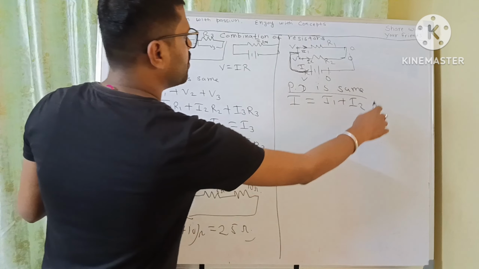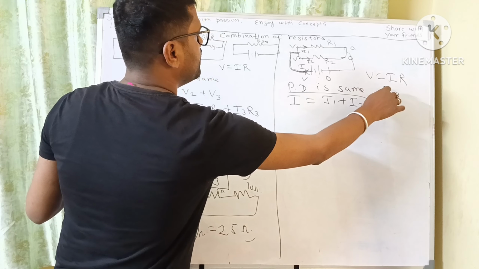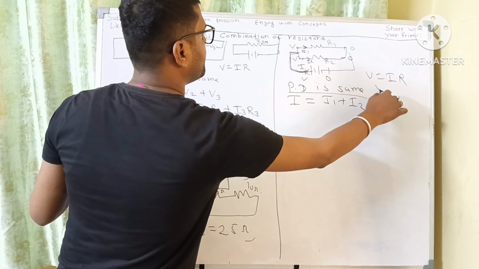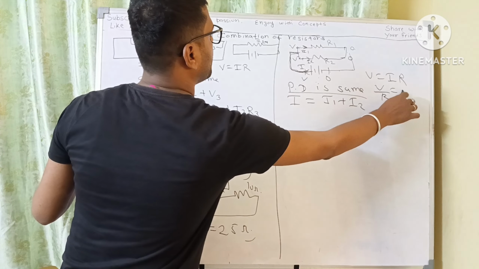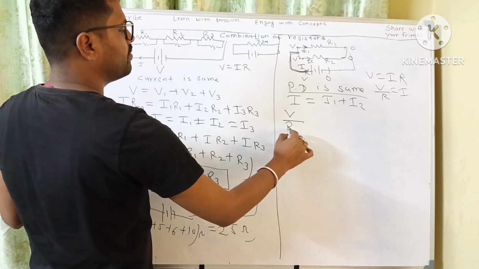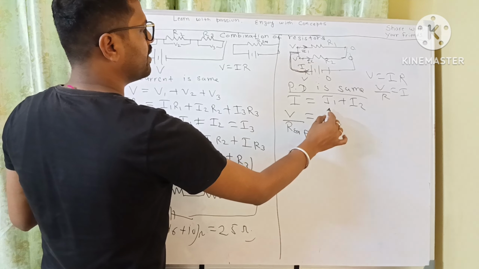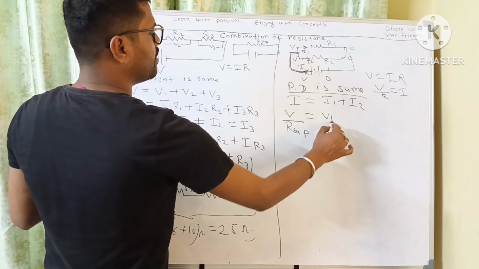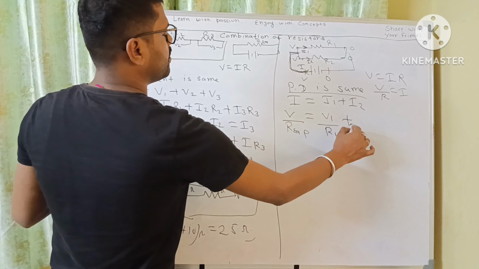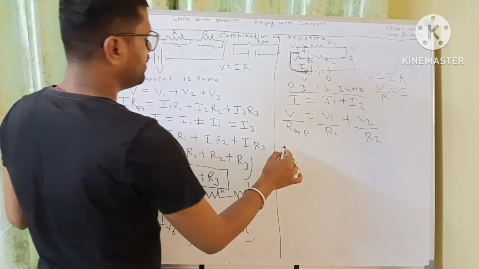Now, again we have to use Ohm's law. I said this is the soul of this chapter. V equals IR, so I equals V by R. Now, V by R for R equivalent parallel equals I1 plus I2, which is V1 by R1 plus V2 by R2. But what we know?